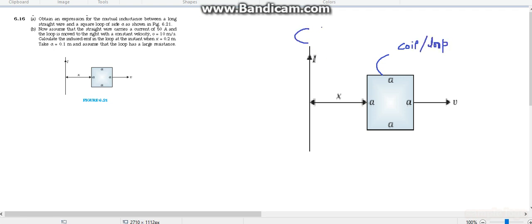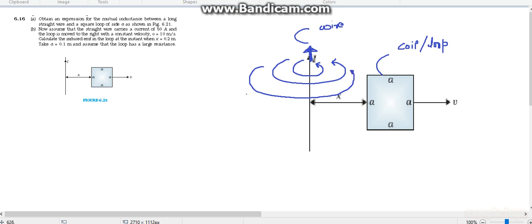and this wire. We know that when a wire carries current, suppose it is carrying current in this direction, by the right hand thumb rule you will get circular loops of the magnetic field.